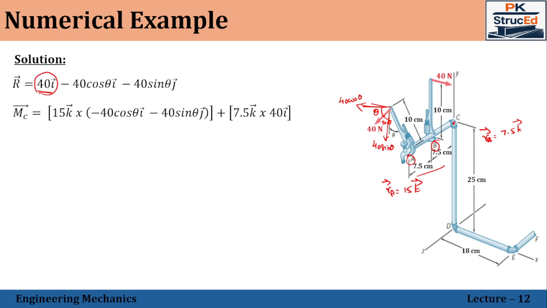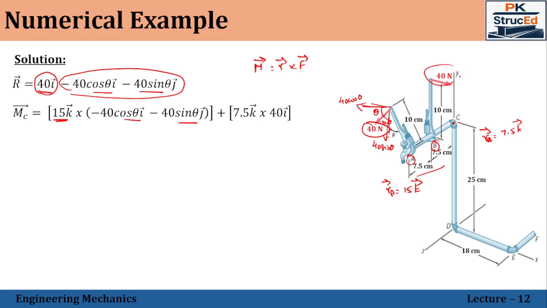We know that M vector equals R vector cross F vector. So the R vector is 15 K vector at A, crossed with minus 40 cos theta I vector minus 40 sin theta j vector. That gives the moment of this force about the point C.